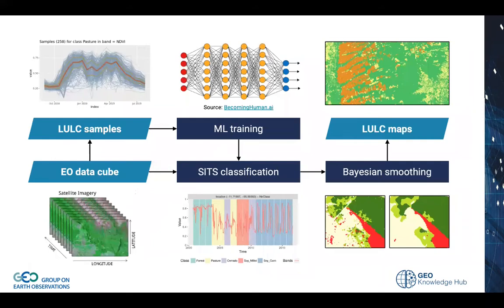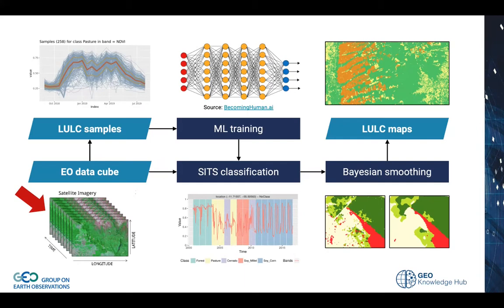This diagram summarizes the method used in our work. We start from the Earth observation data cubes, where we extract the time series of a given pixel. For this application, we used 3 different data cubes with images from CBERS-4, Landsat 8, and Sentinel-2.